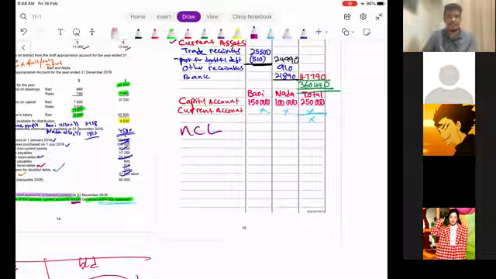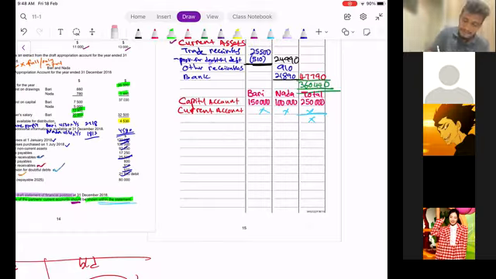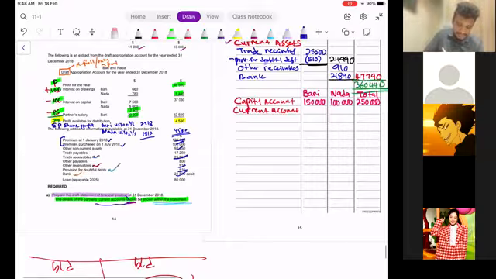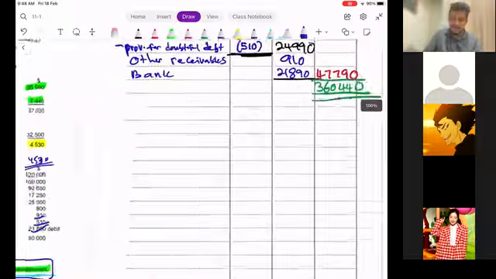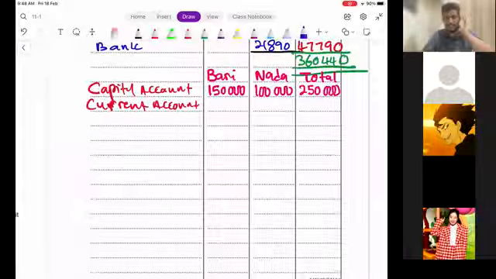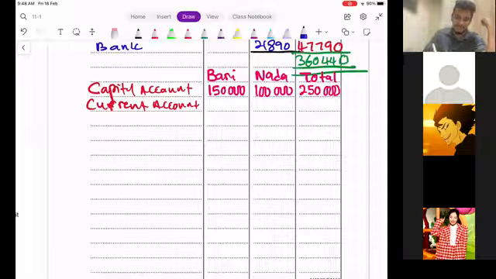But the problem is we haven't done the current account, and the question says we need to show the current account within the statement. So now I'm going to do the current account inside the statement of financial position.